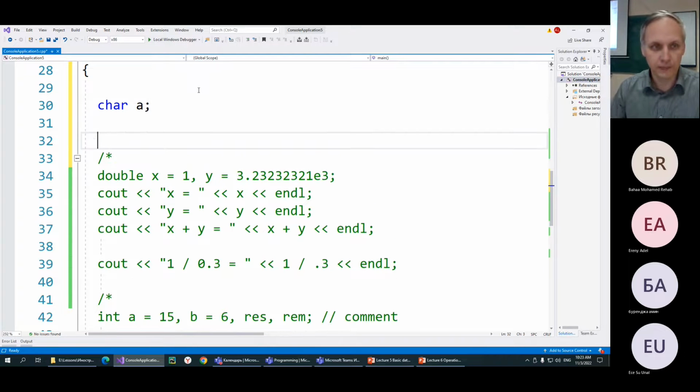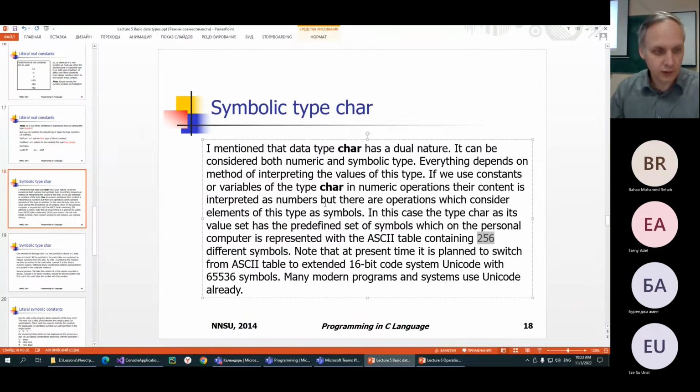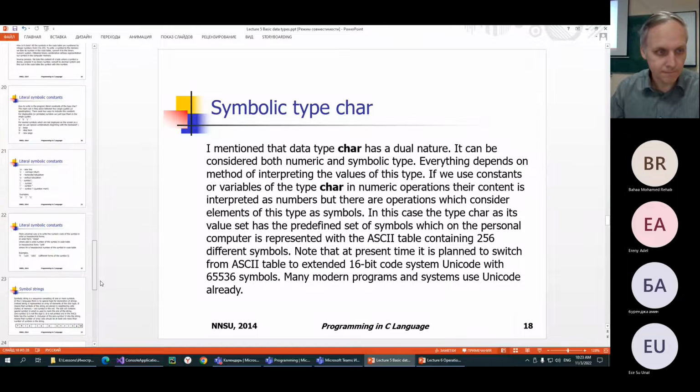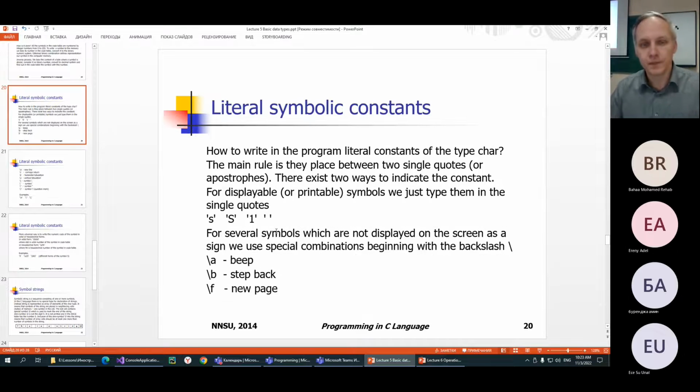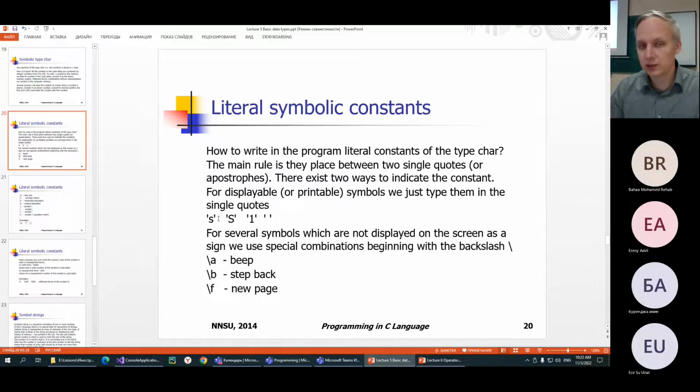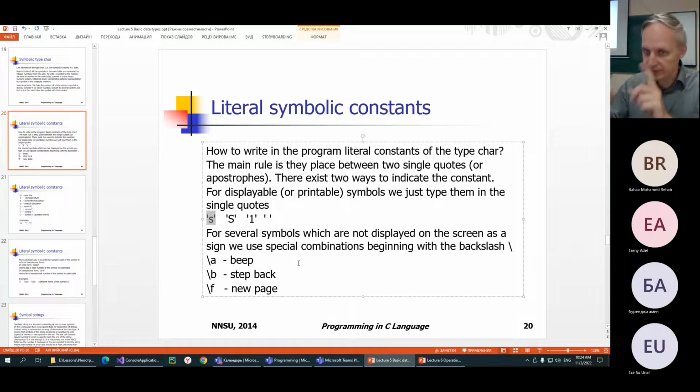Well, let me show you some examples with the characters. char a. A is a character, but a character without any value. To assign a value, we should write the value in single quotes.